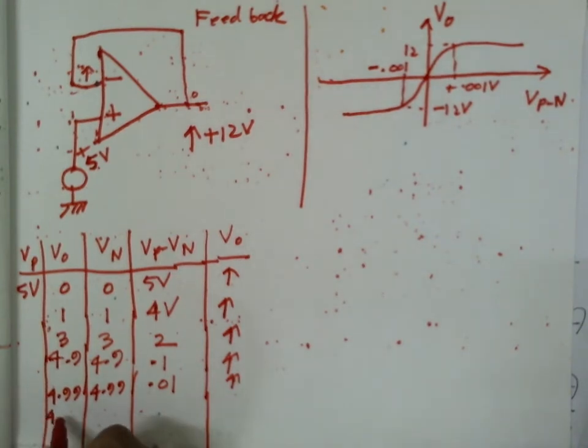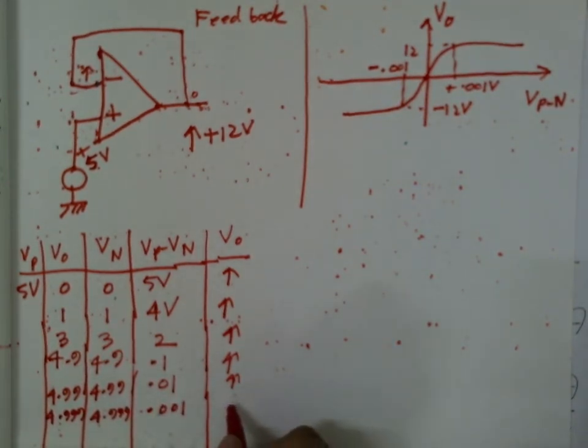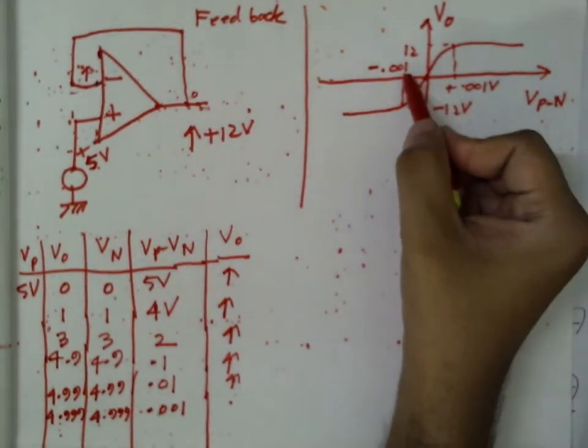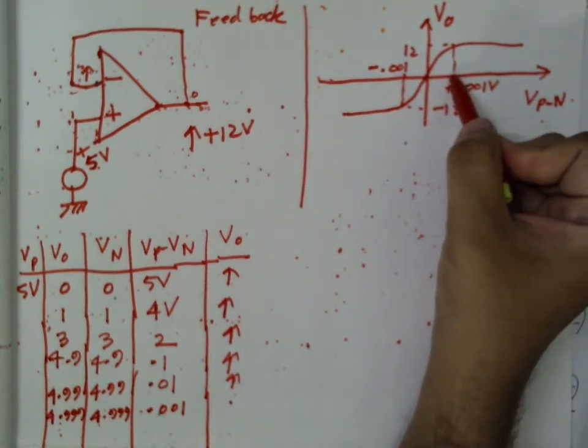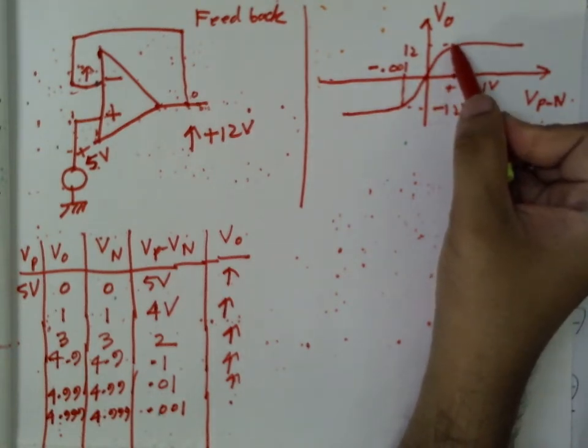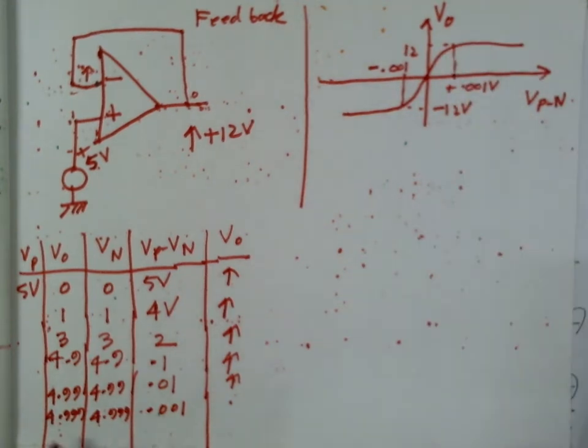Let me try with 4.999. This is also 4.999. So this is then 0.001, and then this point is here. So I still see that when this gap is 0.001, the output should be 12 volt. So I have to increase it further because it's not equal to this.